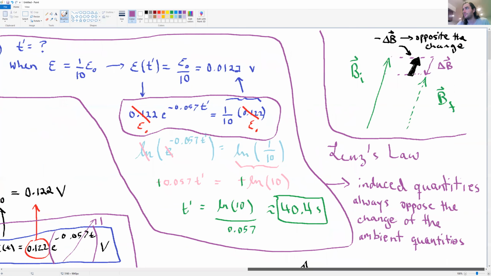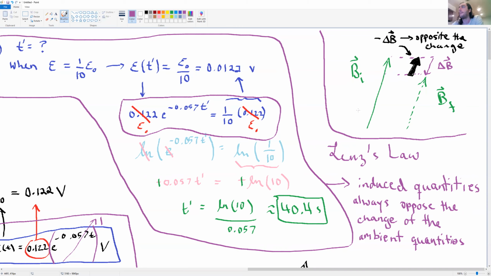So that's where this little explanation in the top right-hand corner comes from. Lenz's law says that induced quantities are always opposite to the change in the ambient quantities. So if we can identify the change, then we can identify the opposite of the change, and then we can apply the right-hand rule for that opposite of change vector.